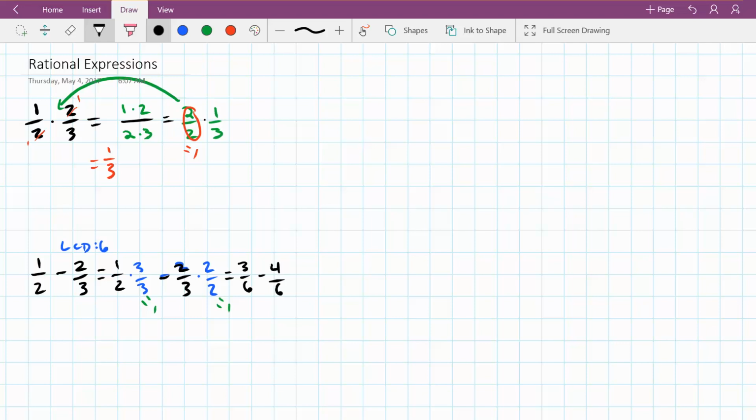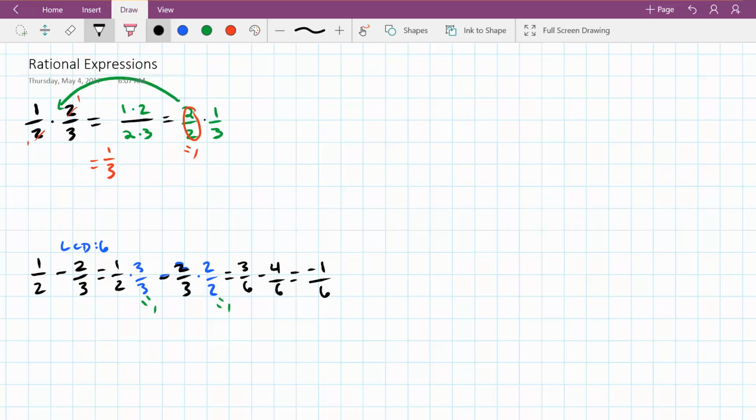If I have 3 out of the 6 and I take away 4, 3 minus 4 is negative 1/6. This was a lot more work than the first example with multiplying. If we cross cancel, it's 1 step and we're done. Here we have to get an LCD and go from there.